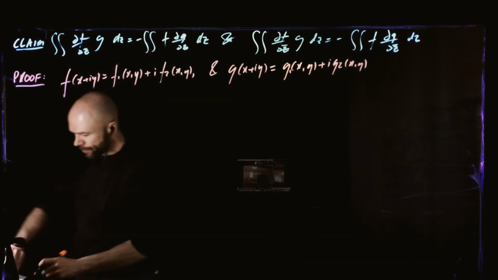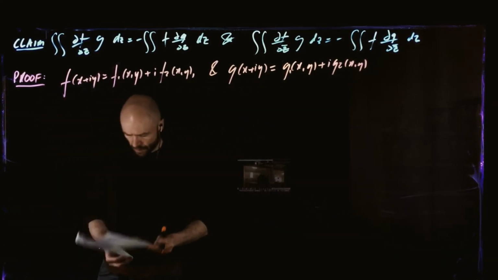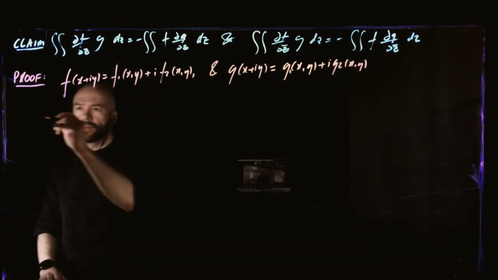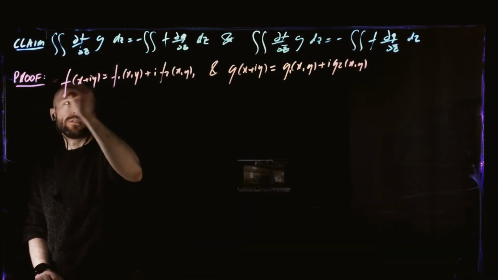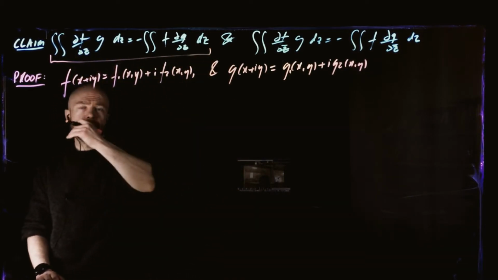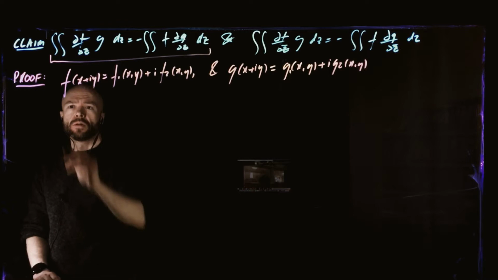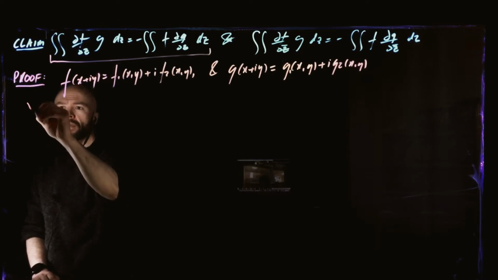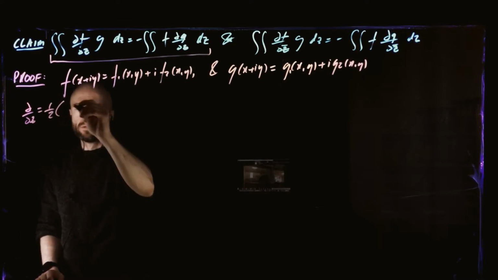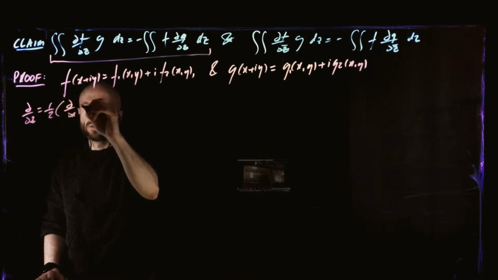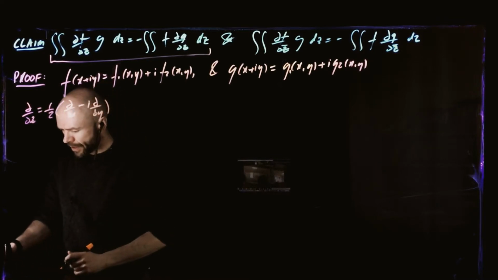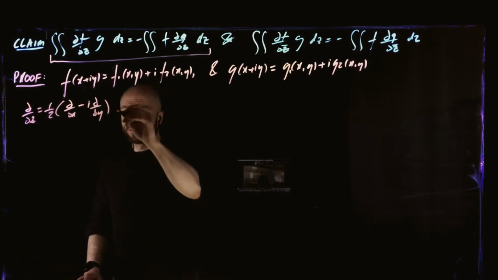All right, so let's just do the conformal part of the gradient. So we're just going to do this guy here. The other one will follow in exactly the same way. So we have that d by dz equals 1 over 2 d by dx minus i d by dy. Right? That is the Wirtinger derivative.